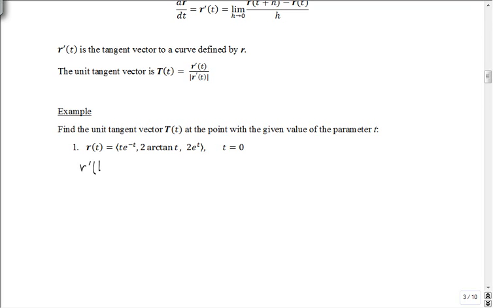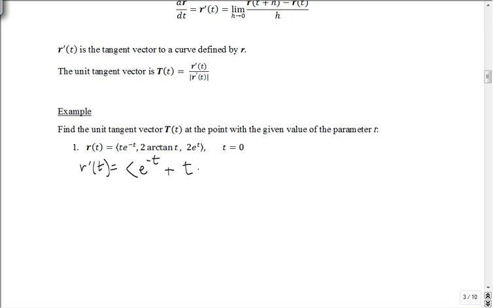R prime of t is equal to, so we put in our angle brackets. We differentiate t e to the minus t. So remember what it is. Differentiate t, which is 1 times e to the minus t. So you have e to the minus t plus t times the derivative of e to the minus t, which is minus e to the minus t.